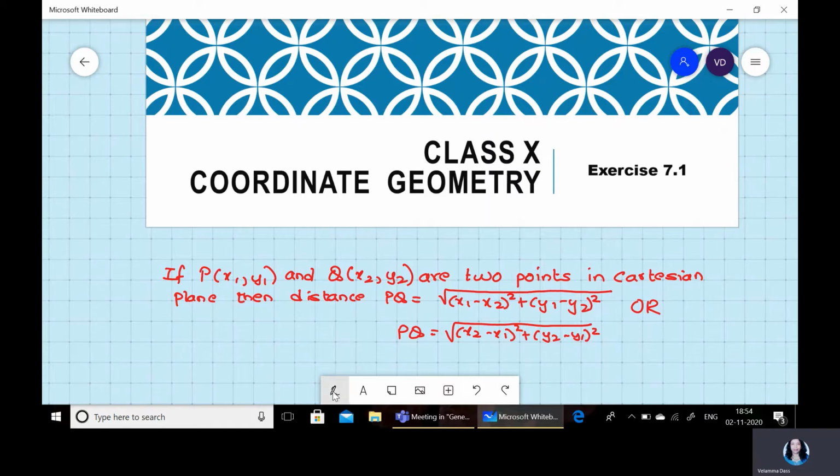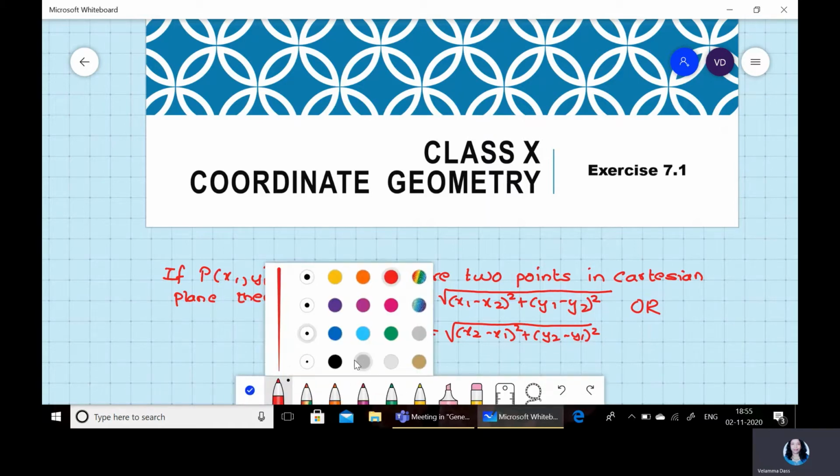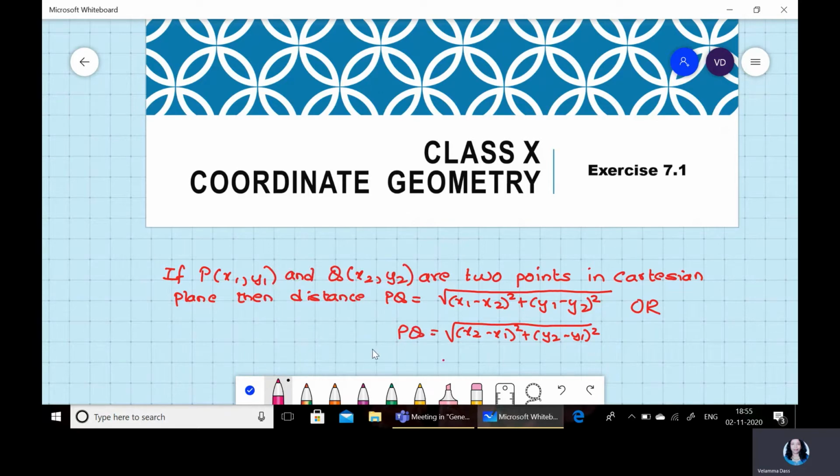So in short, to find the distance between 2 points, PQ can be written as the square root of the whole square of the difference of abscissa, or we can say the x coordinate, plus the difference of ordinate.